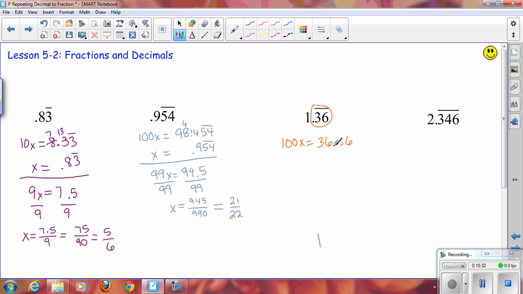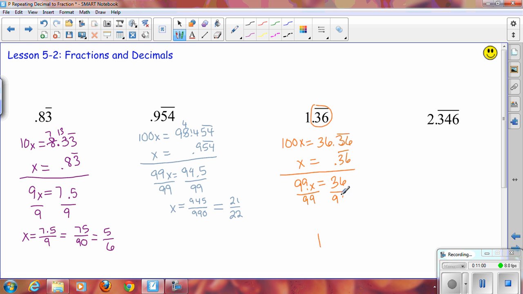Okay, so then we have x equals 0.36, repeating. So 99x equals 36. Divide by 99.